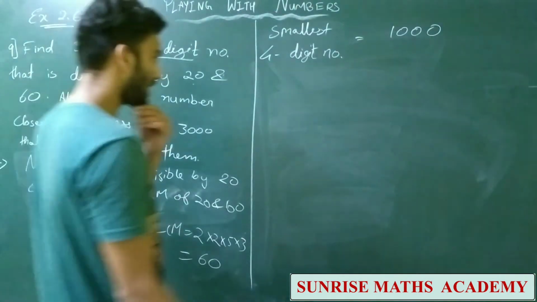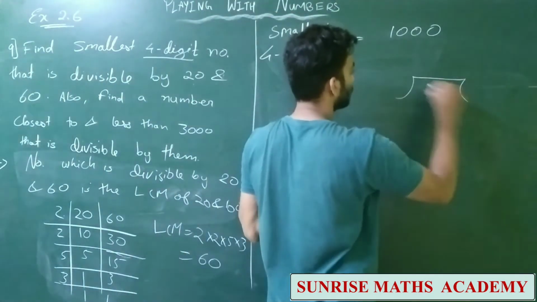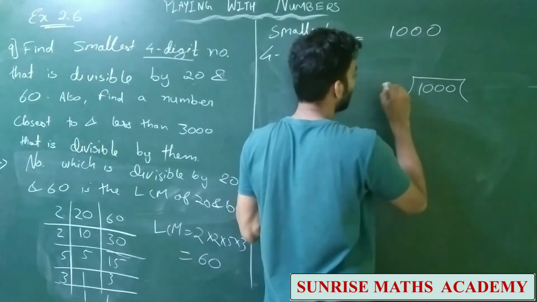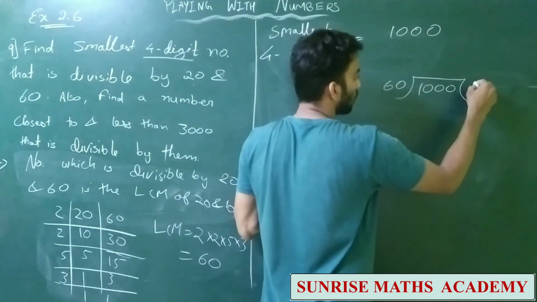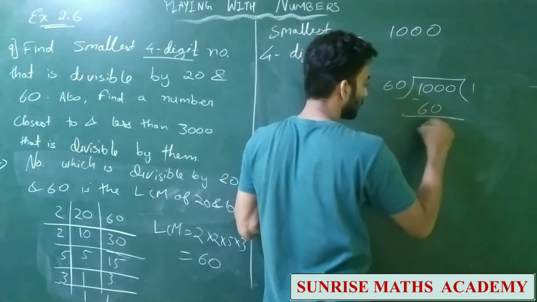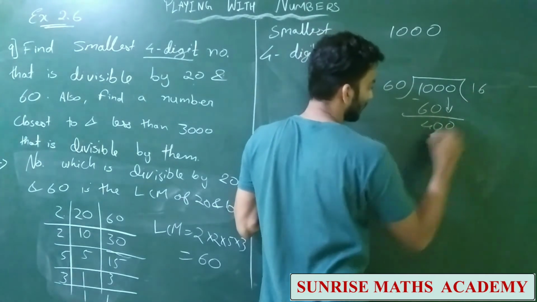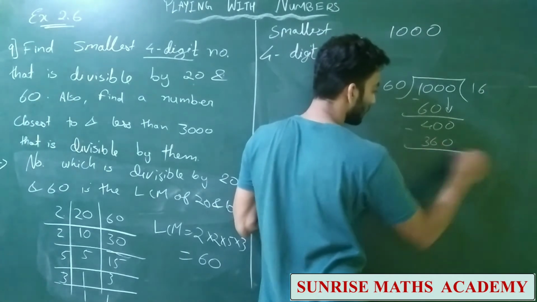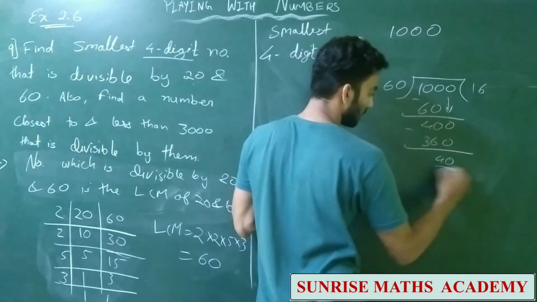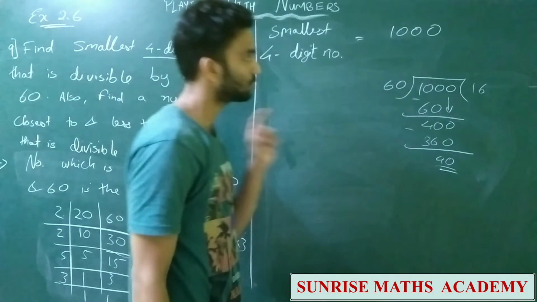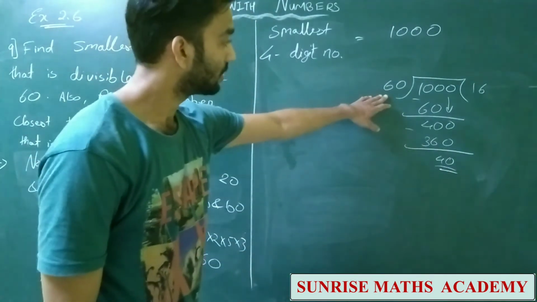So we have to check if 1000 is divisible by the LCM or not. LCM is 60. So 1 is 60. We get 40 remainder and then we take this down. So 6 is 360. So we get 40 again. Remainder is 40. Means 1000 is not divisible by 60.